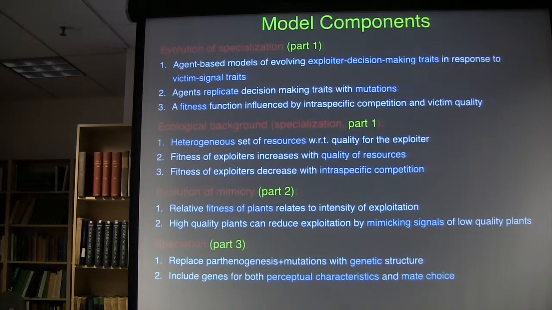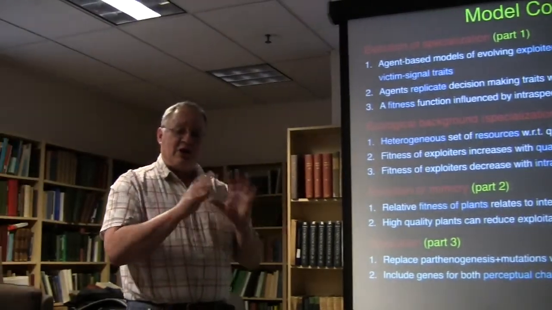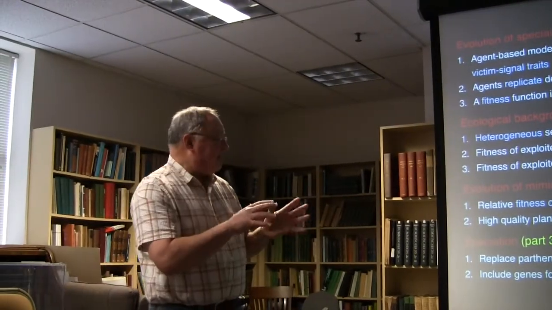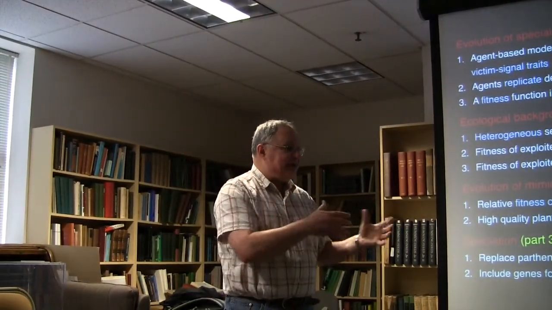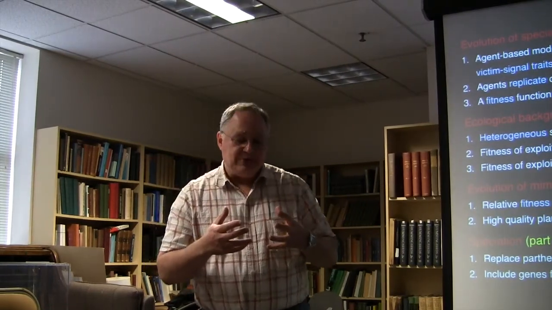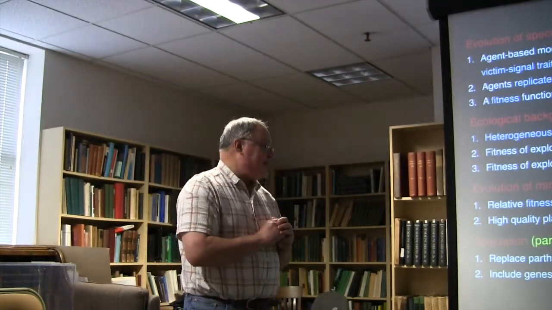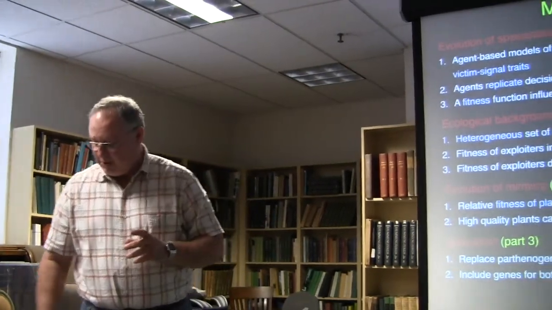And so we include genes for both perceptual characteristics. Whenever you make a mathematical model, you have parameters, and these parameters have values. And in a computational model, these values can be thought of as reflecting something in the genetic underpinnings. And so when you mutate your individuals, what you're doing is slightly changing the values of the parameters that you work with in the model.